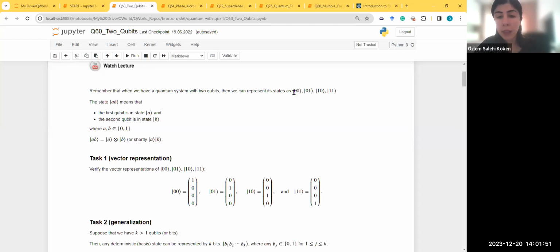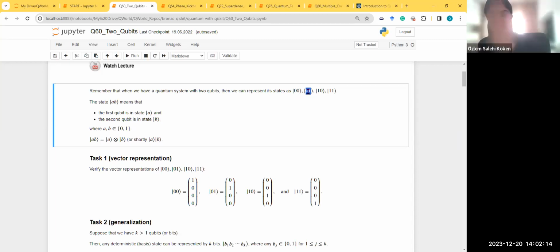And in this case, how to read this? 00 means the first qubit is in state 0, and the second qubit is in state 0 as well. For 01, this means the first qubit is in state 0, and the second qubit is in state 1.